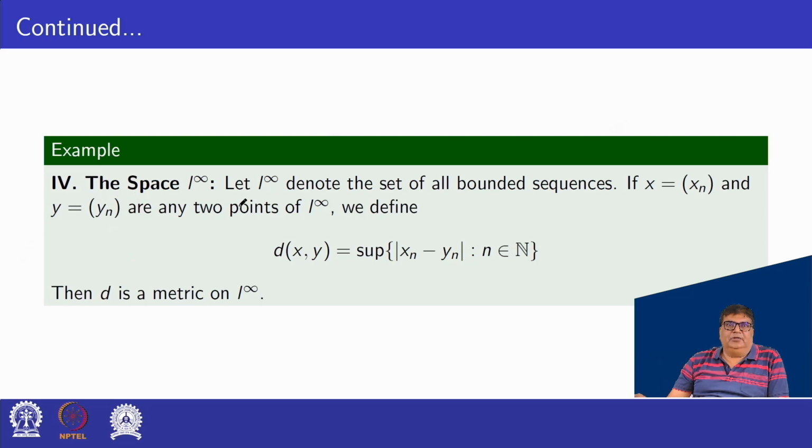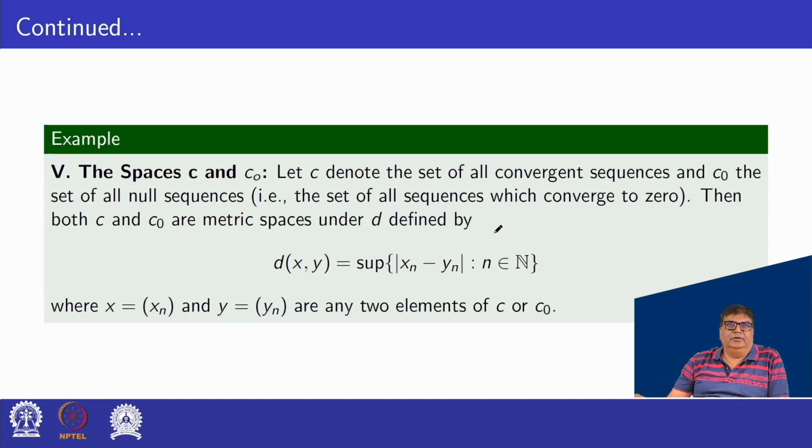The following examples can also be proved easily as above. The spaces c and c0, where c denotes the set of all convergent sequences and c0 is the set of all null sequences, that is, the set of all sequences which converge to 0.